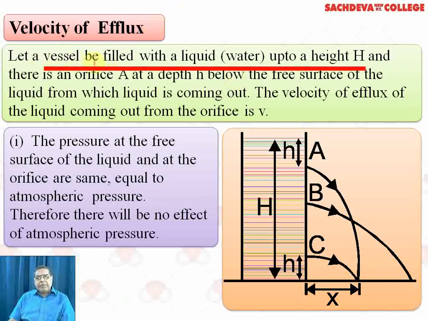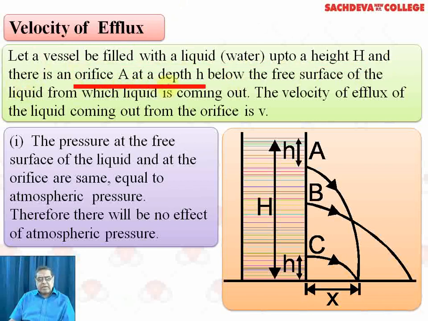Let the vessel be filled with liquid up to height H, and there is an orifice at A, which I have spoken of earlier, at depth h below the free surface of the liquid, from which liquid is coming out. The velocity of efflux of the liquid coming out from the orifice is v.